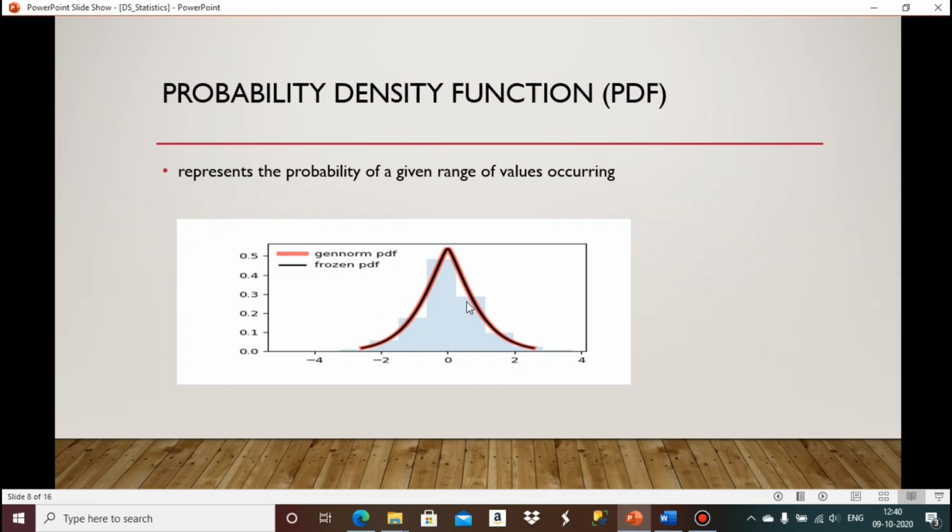This gives you some idea about how the probability is moving for different ranges of values. So this is called the probability density function, and there are different versions of PDF for different types of values. We can draw different types of PDF.